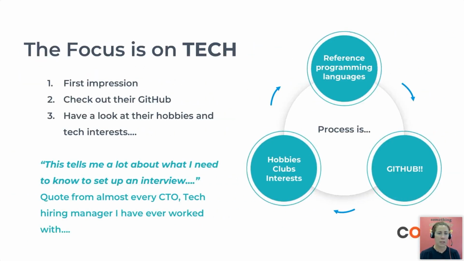Okay, so this is a little reinforcement of what we just said, that the focus now is on tech. You guys are here working through your software development diploma. You've got a lot of new information, and quite a new audience who's going to be reading this CV in time. I just wanted to give you a sense of what they respond to and what they will look for. Firstly, a really quick first glance at a CV will tell the reader a lot about the person.